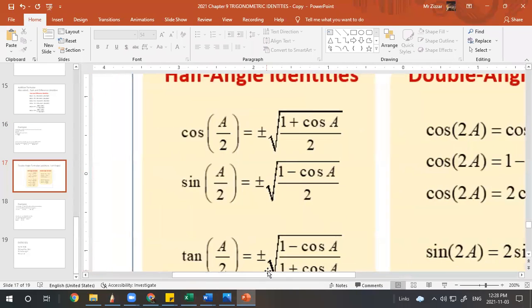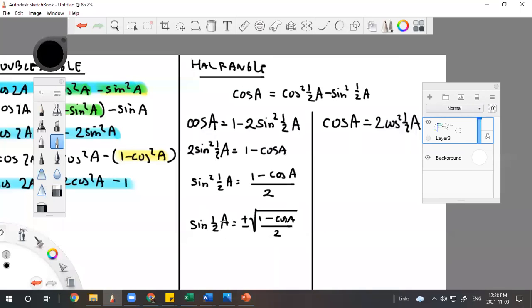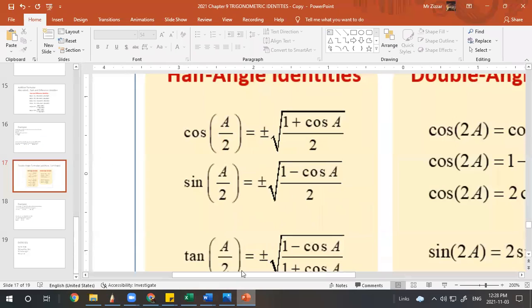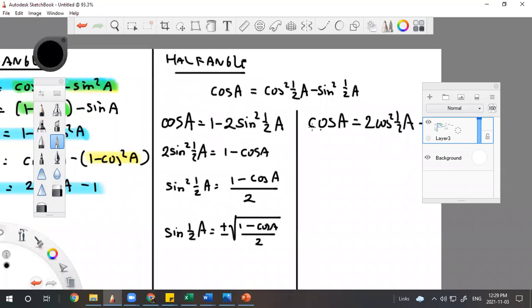If I want to find cos, 1 plus, right? Sine first, yeah, sine 1 minus cos a over 2. And also here, 2 cos square half a equals cos a plus 1, or 1 plus cos a, right?